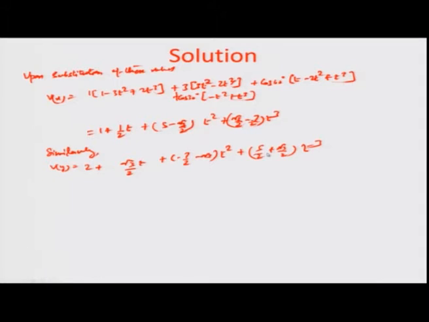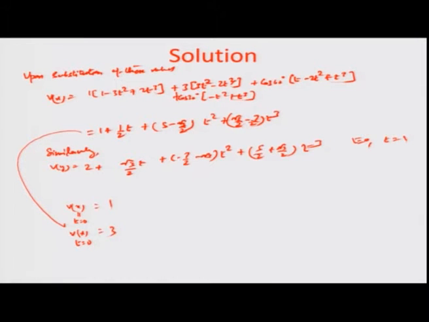There is a way we can verify further by putting the values of t equal to 0 and t equal to 1 to find out if the end conditions match exactly. And here what we find out is that if t equal to 0, then v x becomes equal to 1, and at t equal to 1, it becomes equal to exactly 3, from substituting the value of t in this equation.